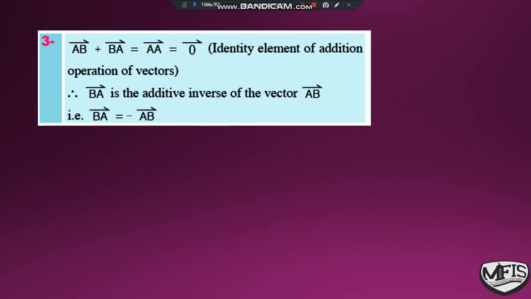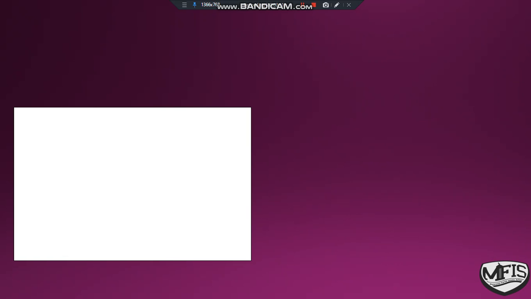So BA is the additive inverse of AB. So BA directed line segment equals negative AB. If we have AB, then BA, we have different directions.